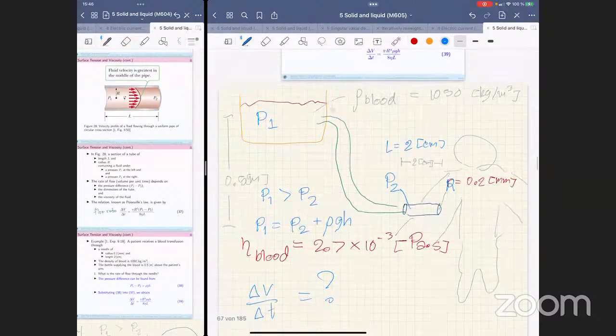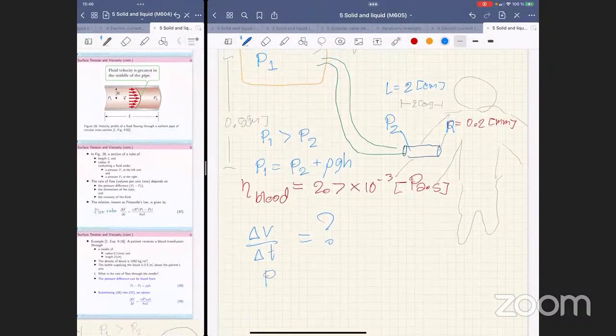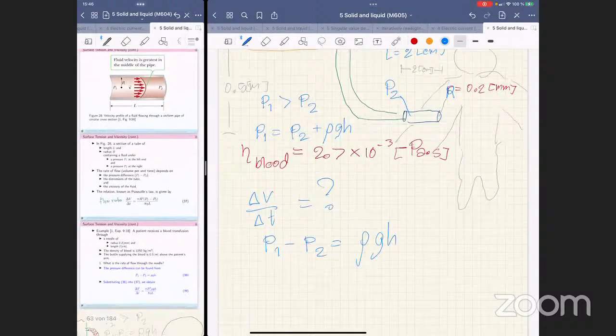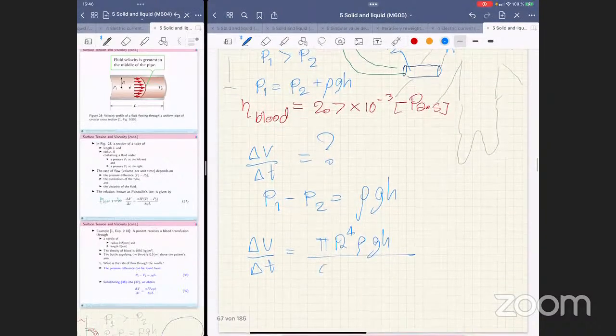So P1 minus P2 is equal to rho g h. We substitute that into the Poiseuille formula. Delta V by delta T will be pi R to the power of 4 times rho g h, divided by 8 eta L.